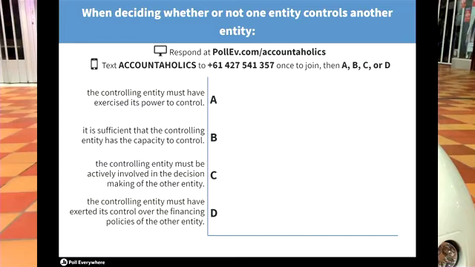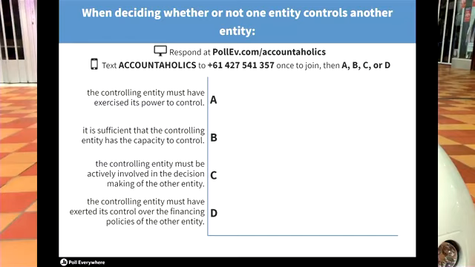Let's see. When deciding whether or not one entity controls another entity, the controlling entity must have exercised its power to control. No, as long as they have the practical ability to exercise their right, that will be good enough. They don't necessarily need to exercise their power to control.